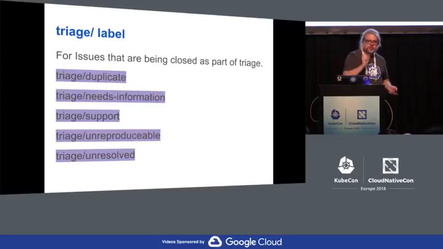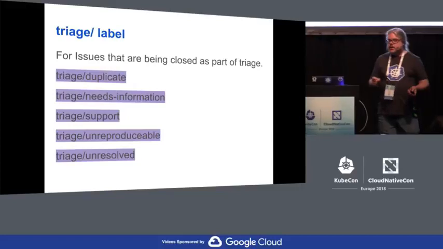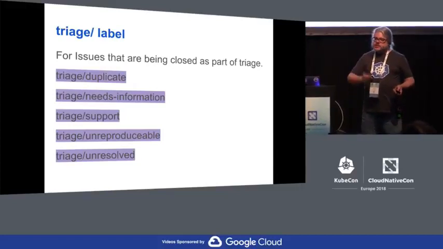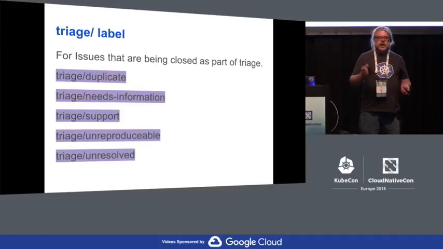Now, there's a couple of other labels that will get added relatively rapidly later on. First of all, and this is the second area you can contribute to Kubernetes. You'll notice there are a lot of open issues against Kubernetes. If you just go to KK, you will see that there are currently something on the order of 1,800 issues open. So one of the things that we need a lot is issue triage.